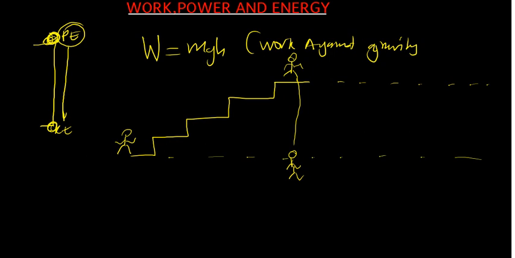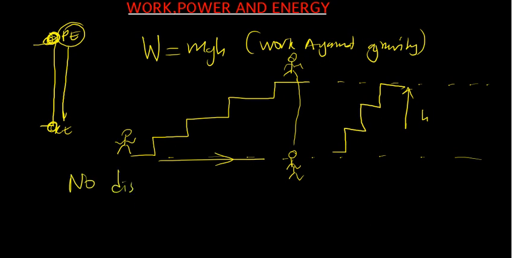One person can move using these stairs, and another person can move using stairs which are like this to reach the same point. So all the work that you have done is the same because you've covered the same height. So work done against gravity doesn't depend on the distance that you've covered, but on how high you have gone. And because of this, no displacement means no work done.